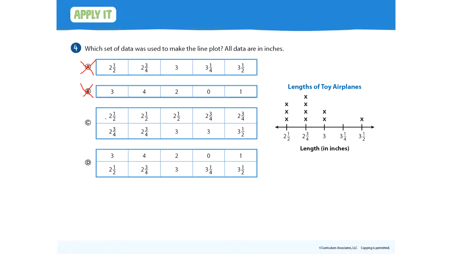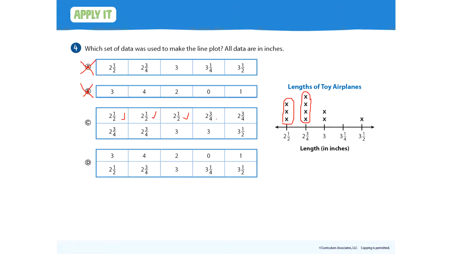All right, let's look at this one. We've got a 2½, a 2½, and a 2½. That's 3 of those, so that one takes care of these. Now let's see. It says I've got 4 of 2 and 3/4. Let's see if there are 4 of those.